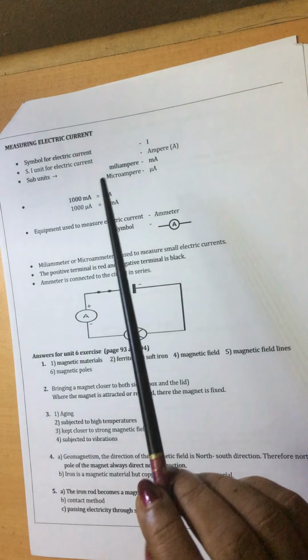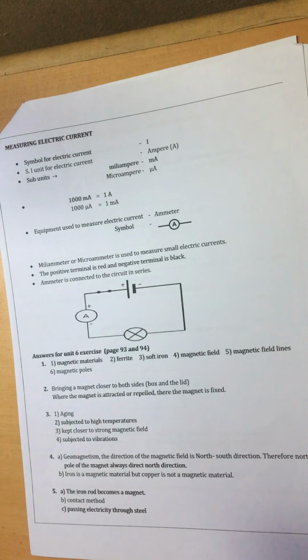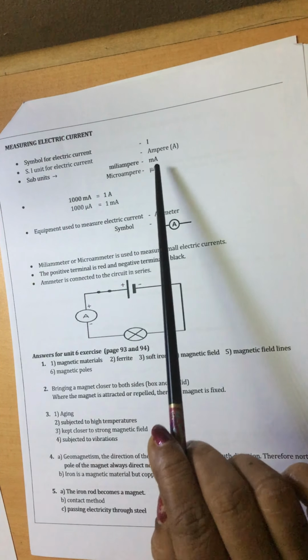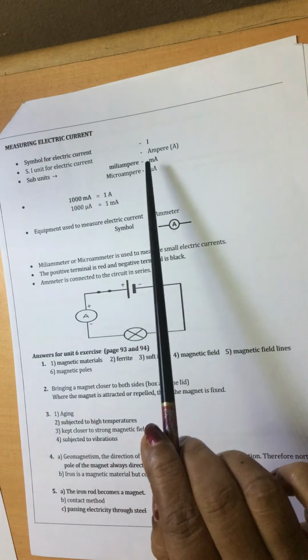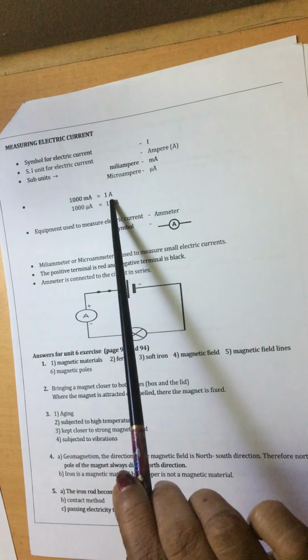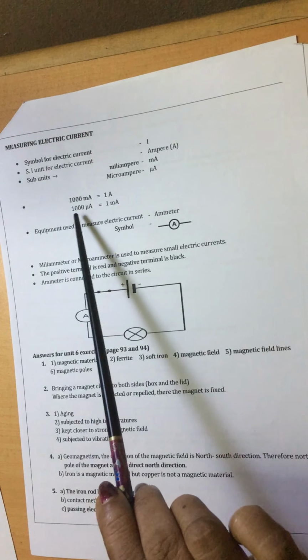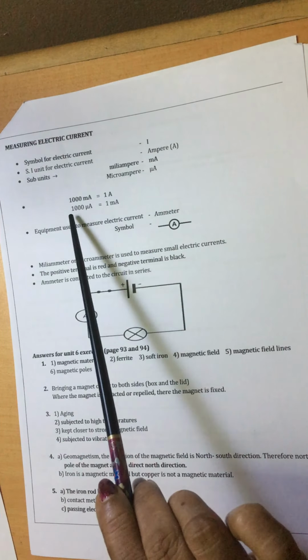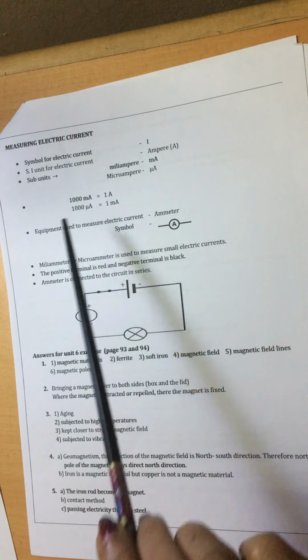When you use an ammeter, the needle does not move a long distance, so it is very difficult to measure the magnitude of current. So you have to use a milliammeter or microammeter. Here see, 1000 milliampere is 1 ampere, 1000 microampere is 1 milliampere. This is a very small unit.